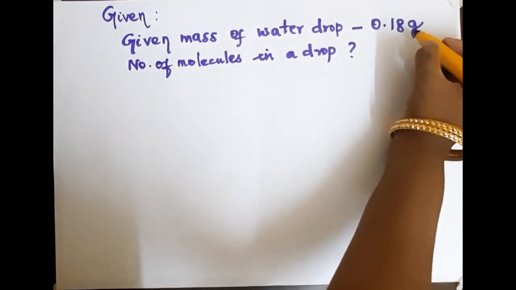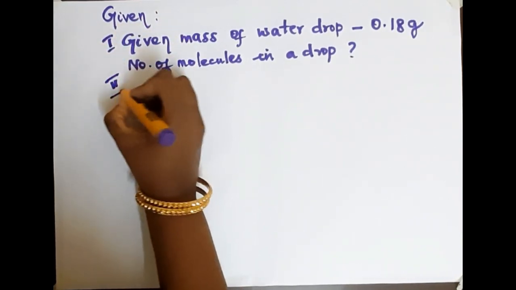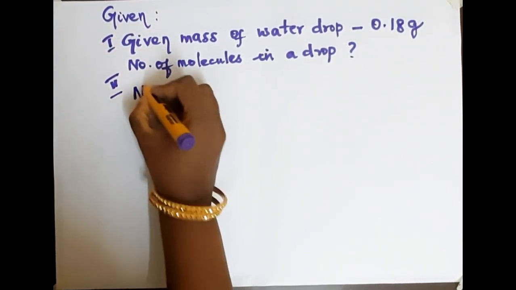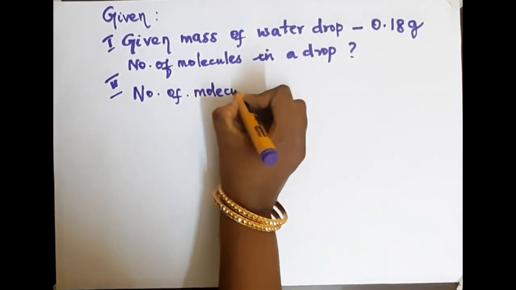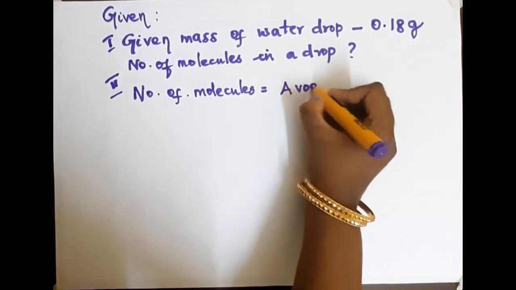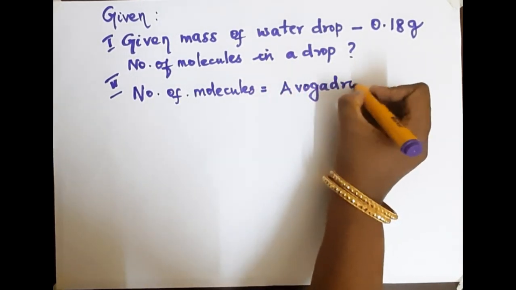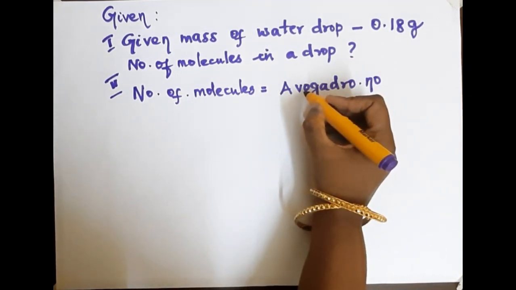First, we have to write the formula. So this is given. Next, I'll write the formula. What is the formula? Number of molecules is equal to Avogadro number. Children, be careful with the spelling. Avogadro. Don't write AVA, AVO. Okay.